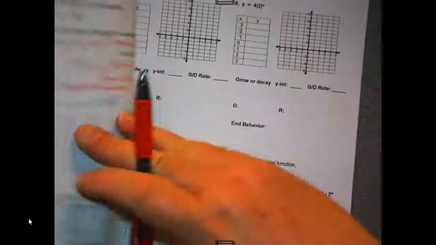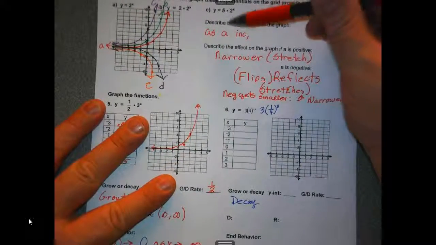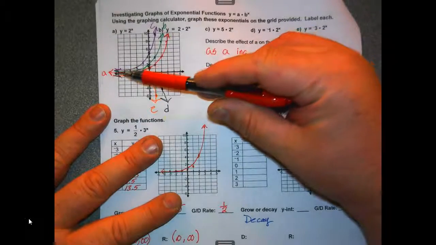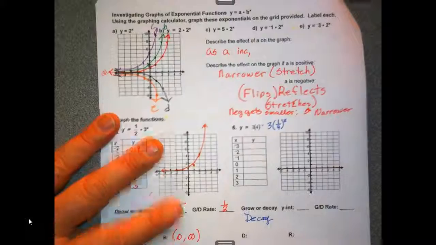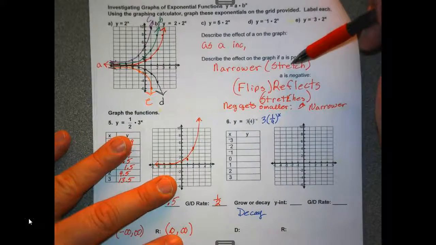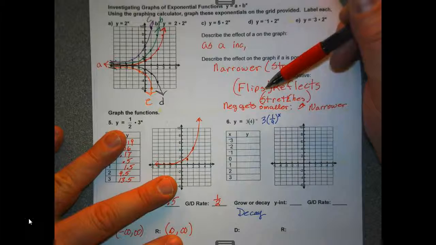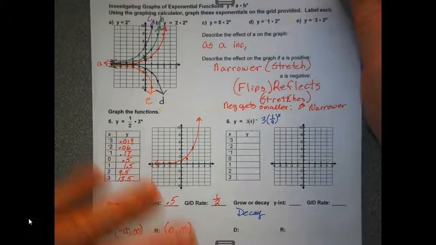And then we looked at when my a was greater than 1, when it's positive, it made my graph narrower. And then we talked about the negative a. Negative a flips it, but because we have a negative in front of it, the negative gets smaller and my graph gets narrower.